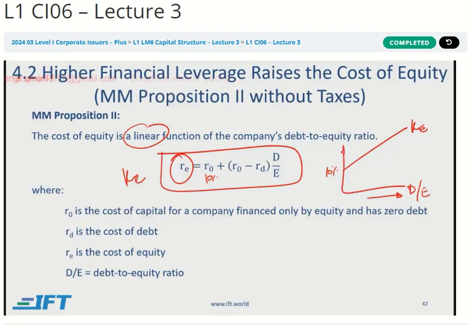As you increase debt, there will be a difference between the cost of debt and where you started, and you get that benefit because you're increasing the weight of debt. You are getting a lower cost of capital component into financing the assets, but the cost of equity goes up by that exact difference and the exact weight you are increasing of debt to equity. So it just cancels and your WACC stays the same.